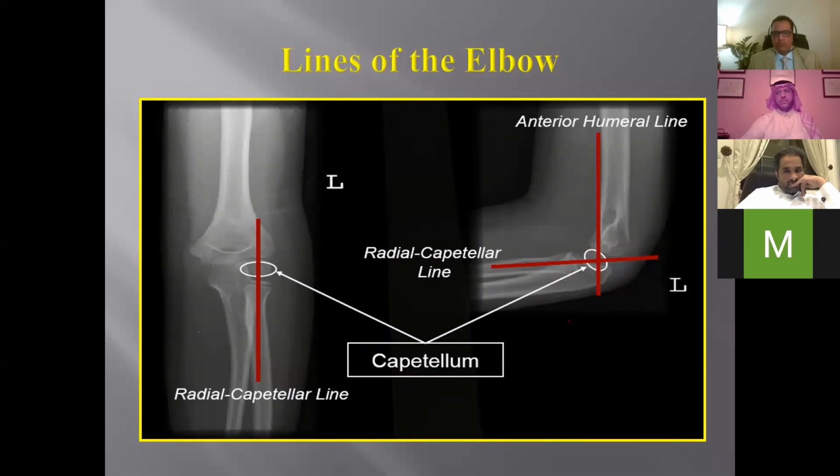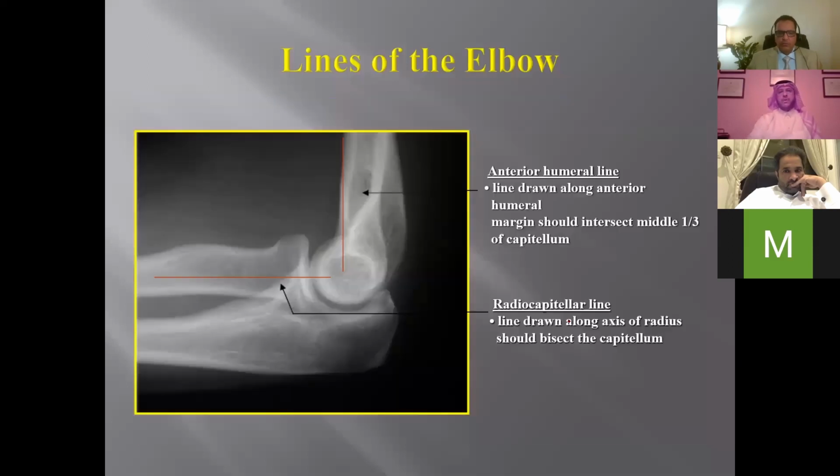This is very important when you see such a case. This view shows both lines, the anterior humeral line and the radiocapitular line, as you see here, this one and that one. These are the normal lines.